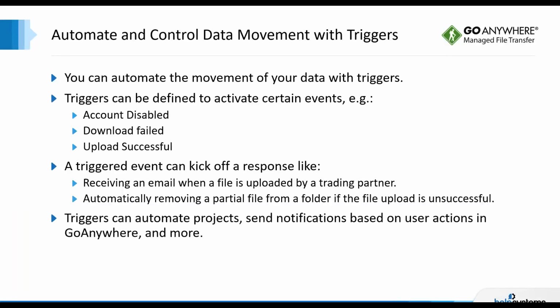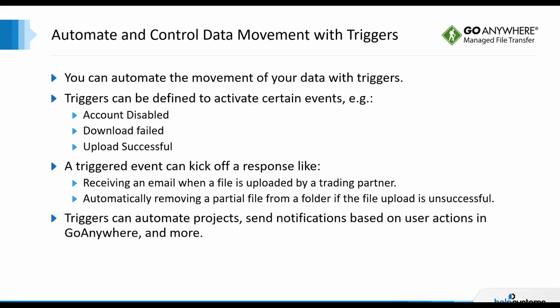The main one we're looking at here would be like an upload successful. They're sending you a CSV file. Once you receive it, you want to basically open it up, read it, insert that data into a database table, call a stored procedure to go process your data, or some kind of a process of that data. And then maybe send them an alert back to let them know that you've received the data and it's already been processed.